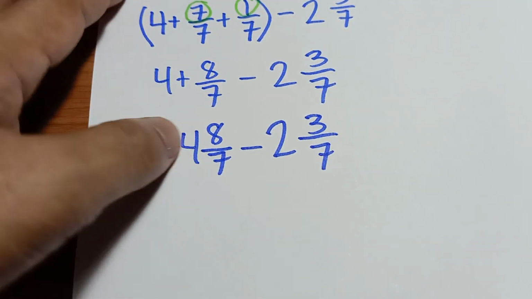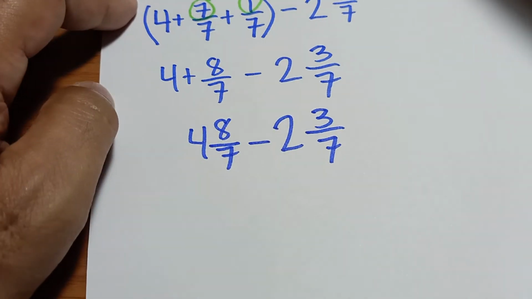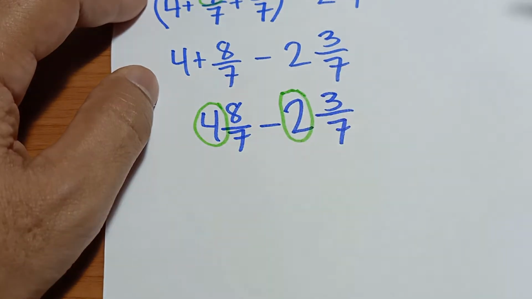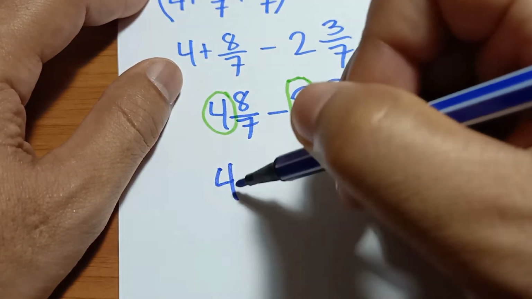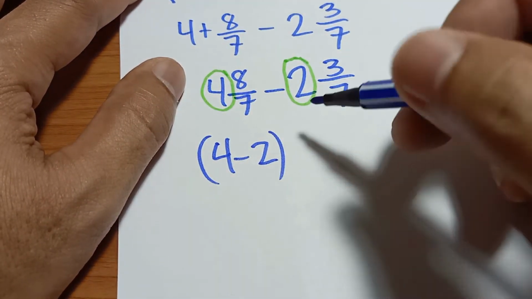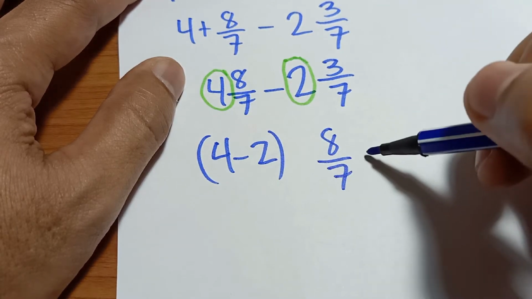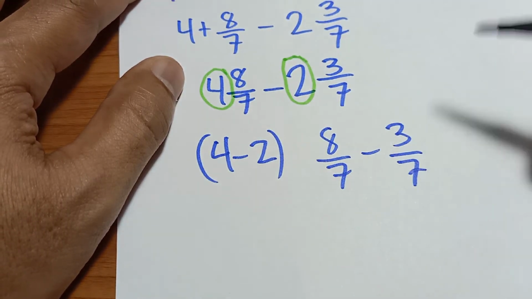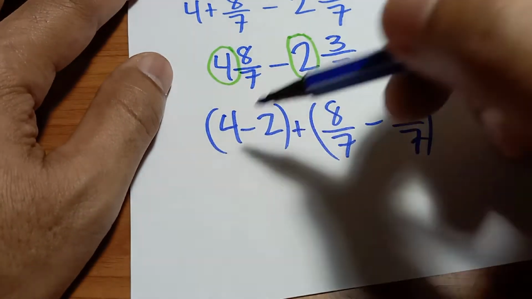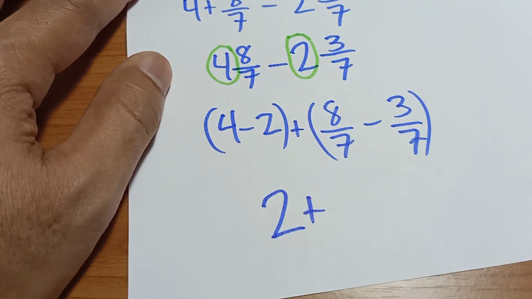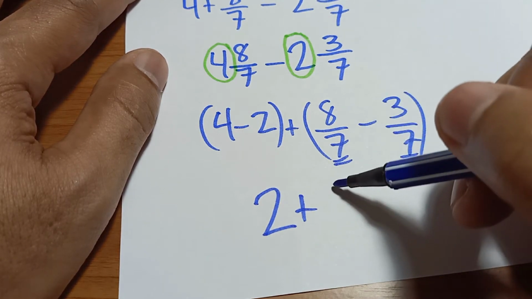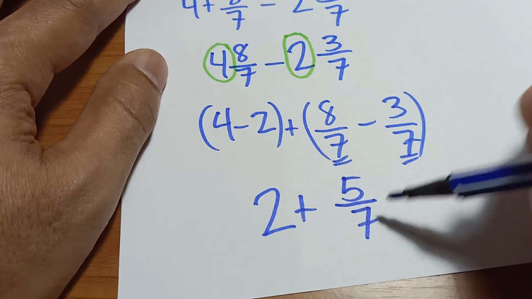As you can see now, 4 minus 2 you can work out. I just regroup it again, and then 8 over 7 minus 3 over 7. 4 minus 2 is 2 plus, since the denominator is the same already, 8 minus 3 is 5 over 7.